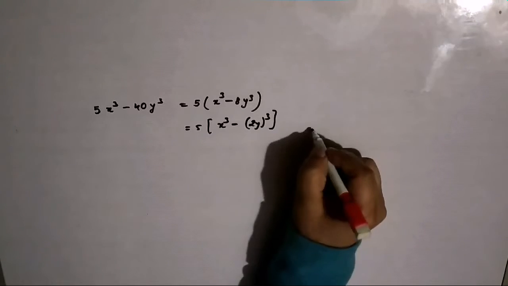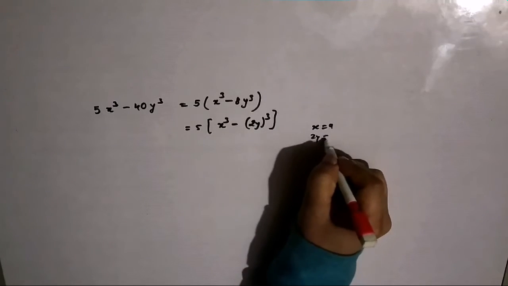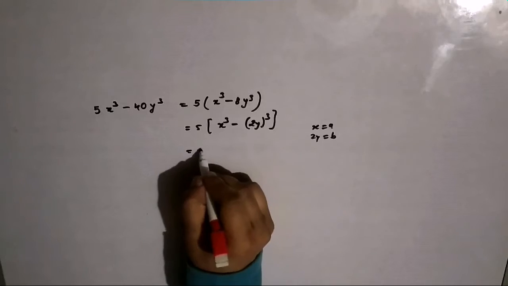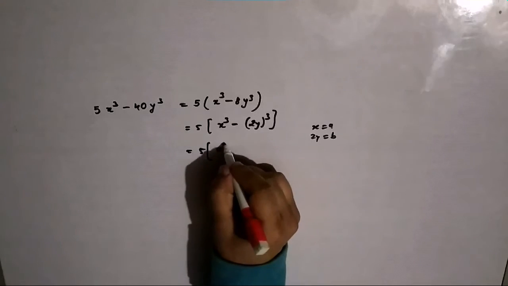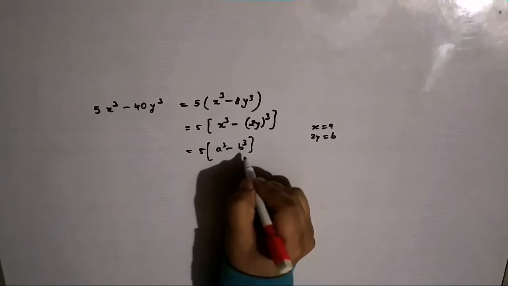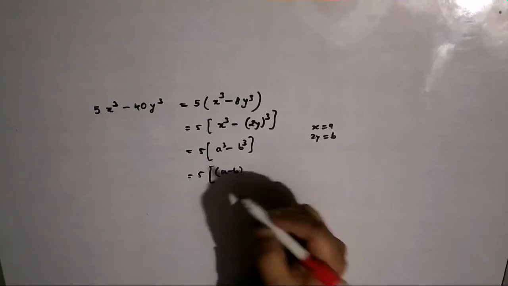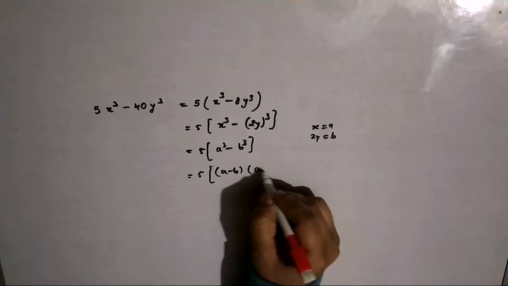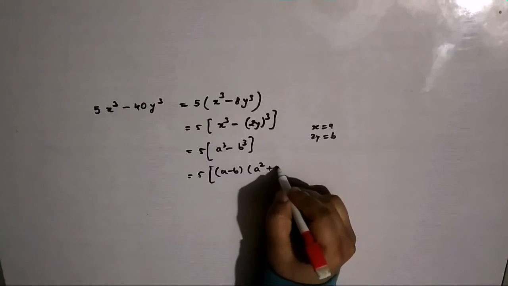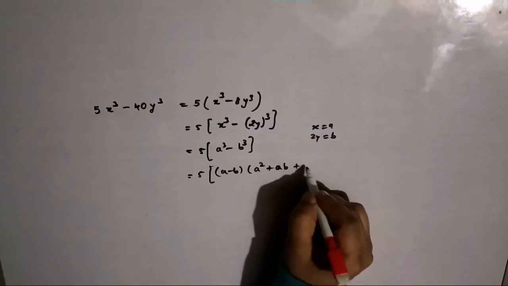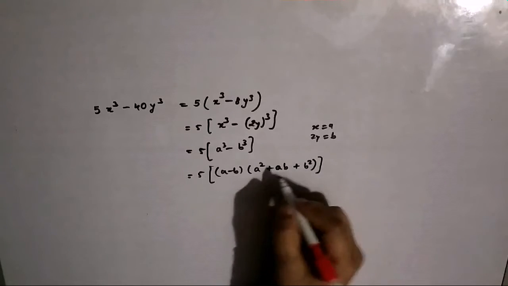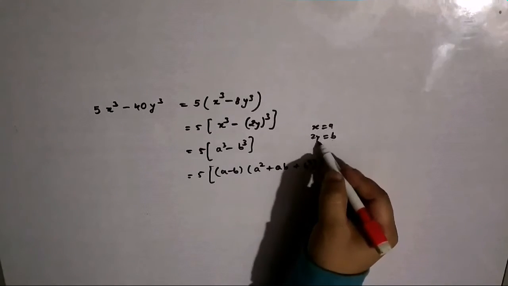So suppose x is taken as a and 2y is taken as b, so that would become a cube minus b cube, and a cube minus b cube could be written as (a minus b)(a square plus ab plus b square), you already know it. So now again you just put these values here in place of a and b.